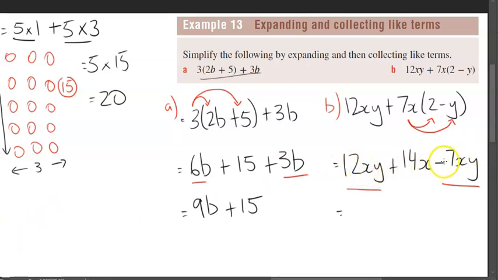So 12xy take away 7xy, we'll be left with just 5 lots of xy. And then we have this 14x at the end. And that there cannot be simplified any further because there are no more like terms. That will be our final solution.